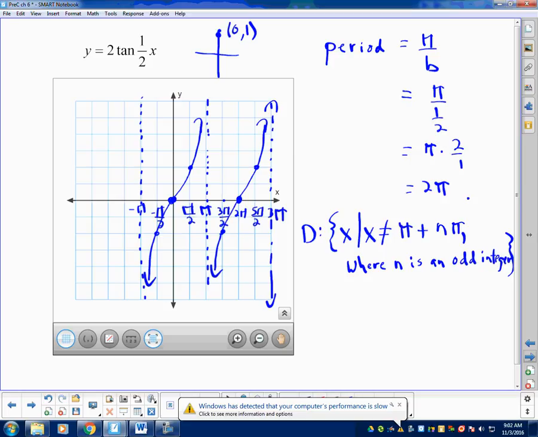Or if you want, you could list them out like this. It's the set of all x such that x does not equal, I'm just going to place in the middle over here pi, and then the next one in the sequence. You guys remember sequences from last year, that's what we're writing as a sequence. So the next one would be 3 pi, and then 5 pi, and then dot, dot, dot. And then over this direction we have negative pi, negative 3 pi.